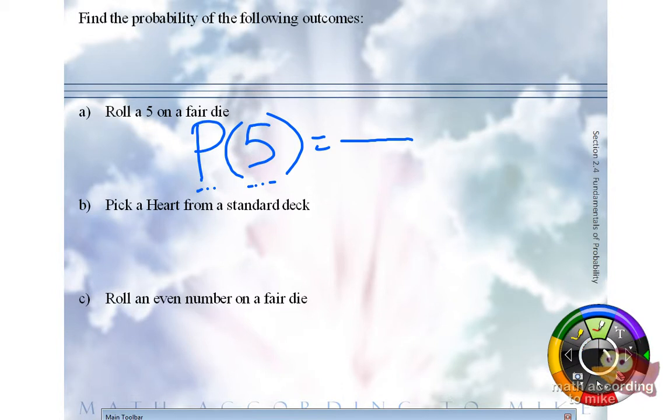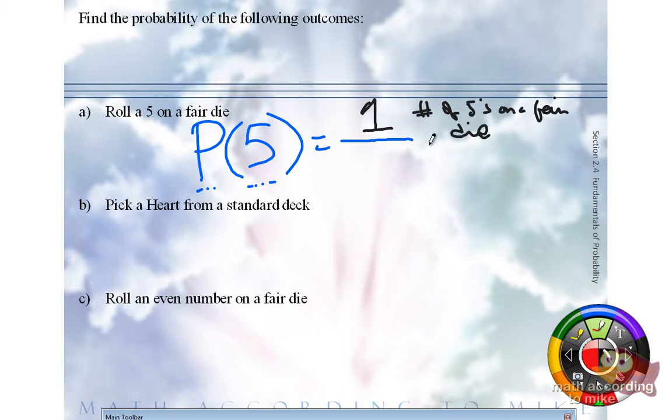The numerator will represent the number of 5s on a fair die. Well, how many 5s are there on a fair die? Yeah, 1.